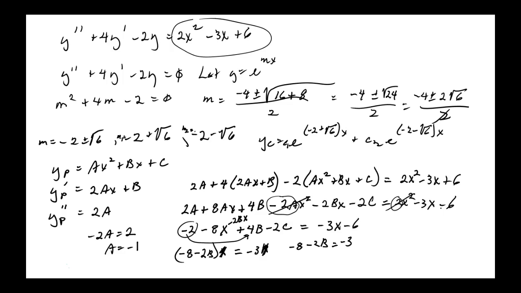So let's solve for b. It's going to be negative 2b equals 5. Okay, so negative 2b is equal to 5. b equals 5 over negative 2, negative 5 halves. Is that okay? I don't know why the 5 didn't show up there, but it didn't.